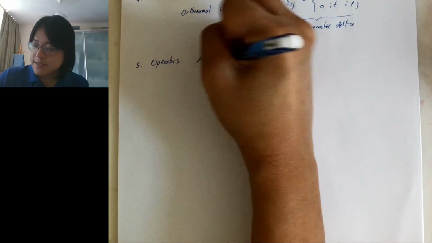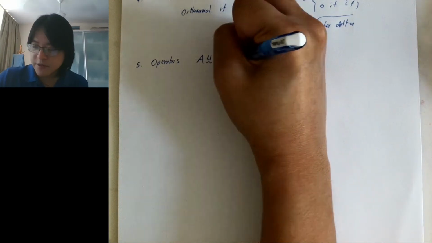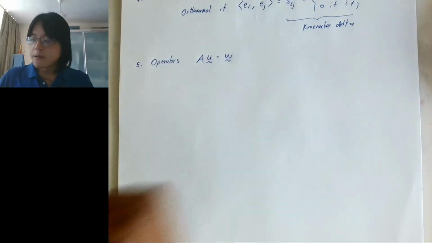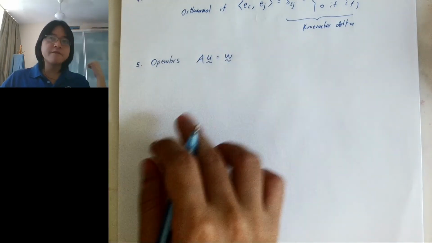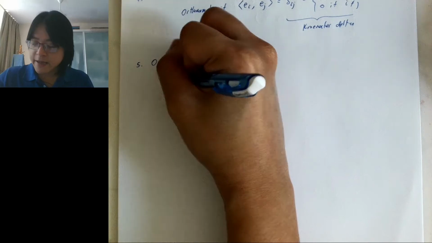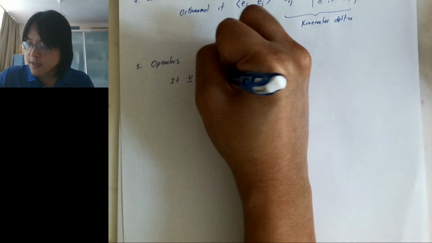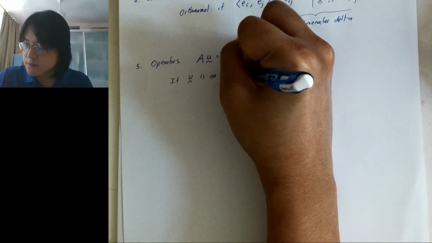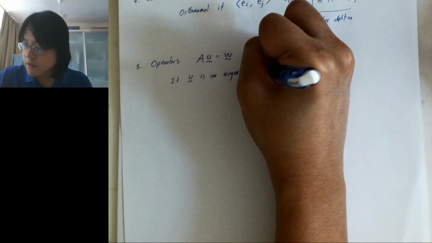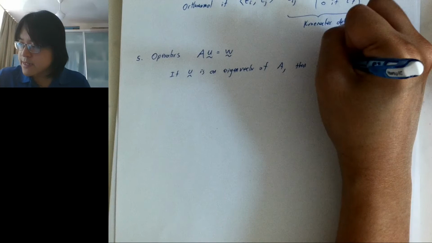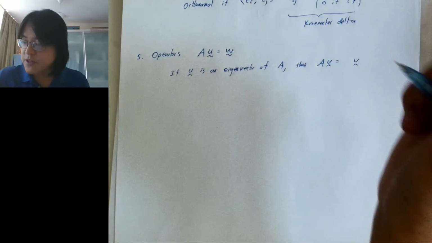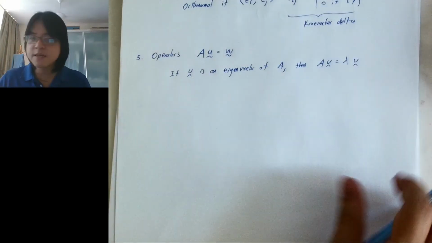But if the vector you spit out is just a multiple of the original vector, we call this an eigenvector. So if U is an eigenvector of A, then you feed in the vector, and what comes out is still U, just times some other constant.